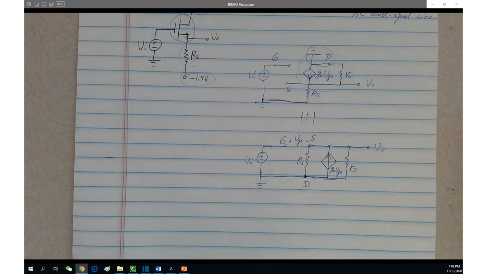Obviously you need to know where this R0 is, otherwise there's no target and you're shooting towards nowhere.